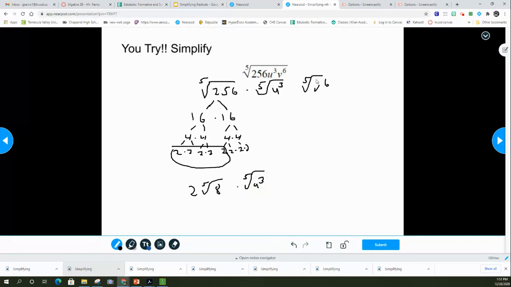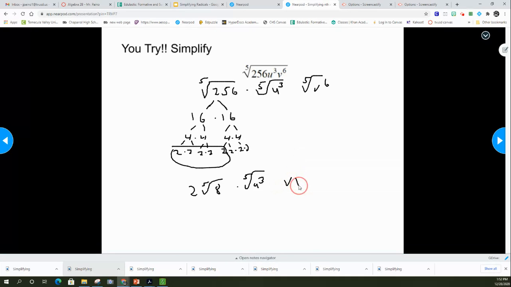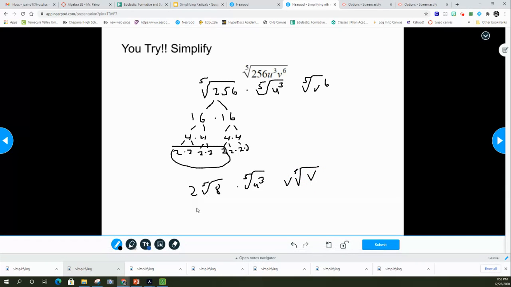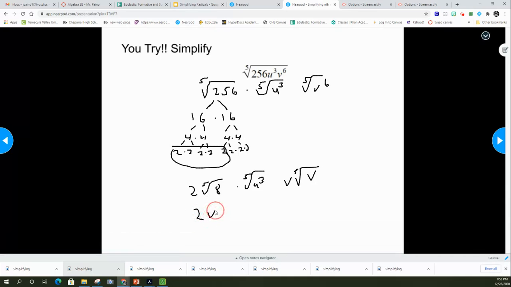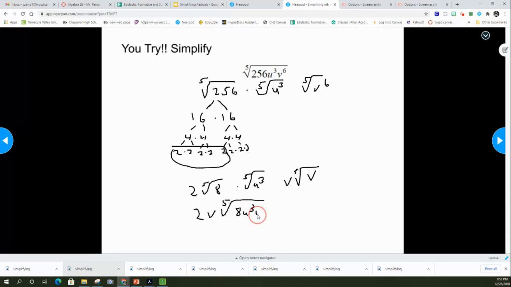And then this one, 6 divided by 5 is 1. So I get a v on the outside, and there's a remainder of 1, so a v left on the inside. Put it all together, what's on the outside? I have a 2 on the outside and a v on the outside. And what's on the inside? 8u cubed times v. So that will be my final answer.